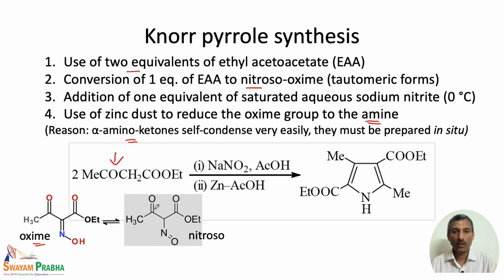So, this is our carbonyl unit, this is the ketone unit, let us say, and this is the nitroso unit, which is later reduced to the corresponding amino unit by the zinc acetic acid reduction. So, what we have is basically the ketone is there, and in the alpha position we have the amino group. So, the alpha amino ketone is prepared in situ, and that undergoes the reaction to the final product.